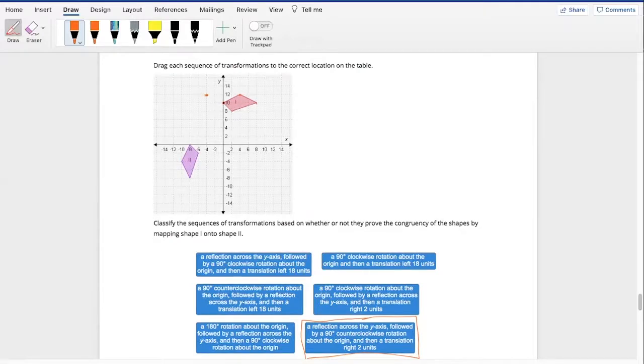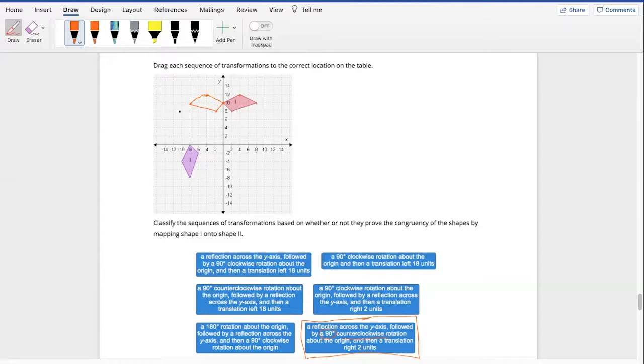That one's going to stay right on the y-axis. Reflect that point, and then this one is over 8, so it would be 8 in the other direction. All right, now that is our shape after the reflection.